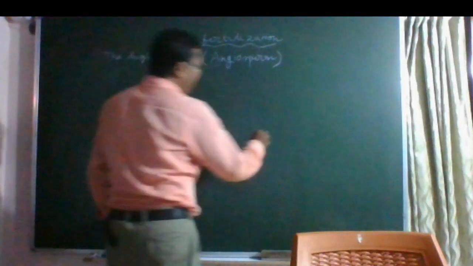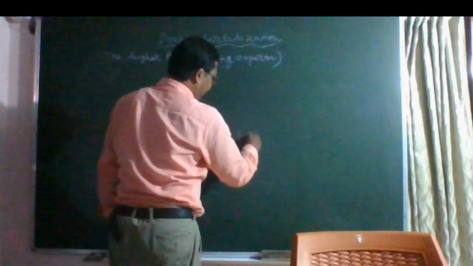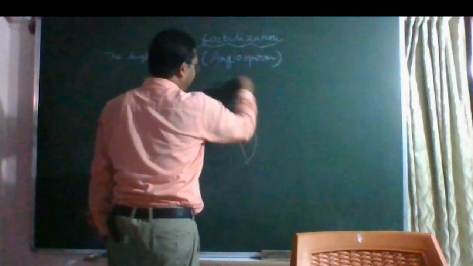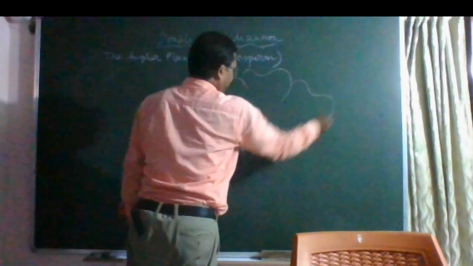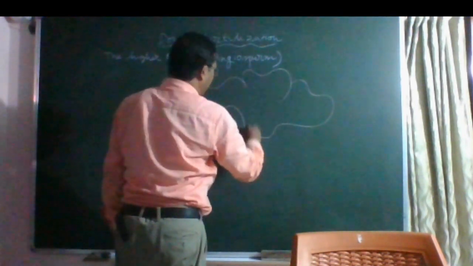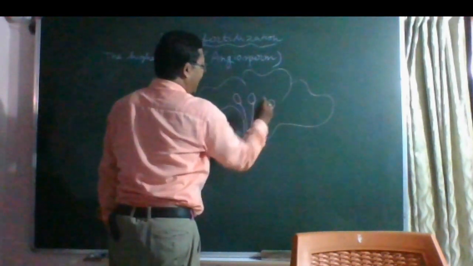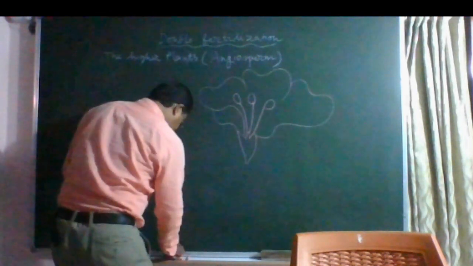Generally a flower consists of 4 floral appendages. First is the sepal, then the petal, then the androecium, and then the one major term is the gynoecium.